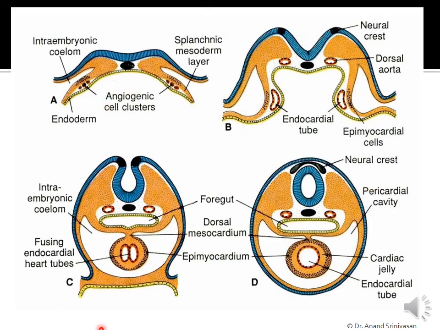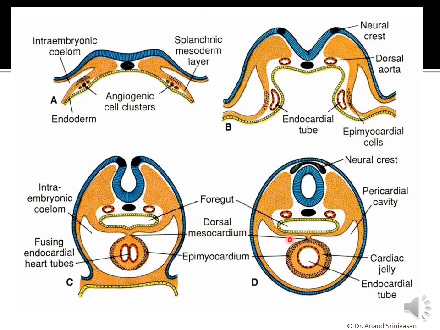Right, so let's summarize this picture. Here you can see initially the primary heart field. The primary heart field gets fused together to form the two endocardial tubes. The two endocardial tubes fuse together to form a single endocardial tube. Now this one is attached to the dorsal part by the dorsal mesocardium.